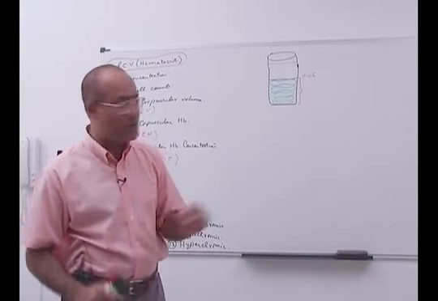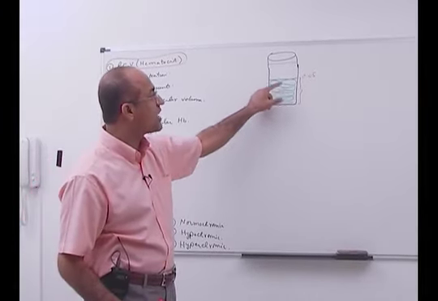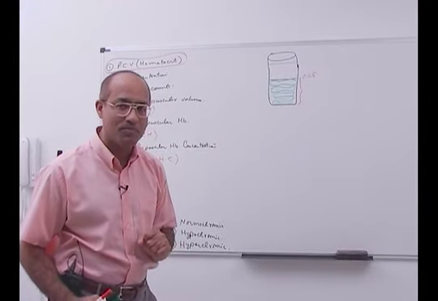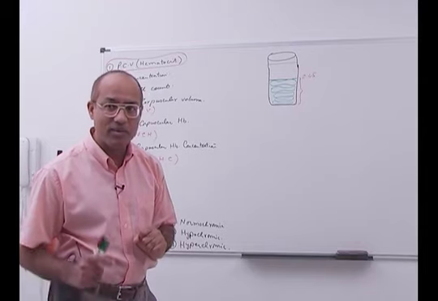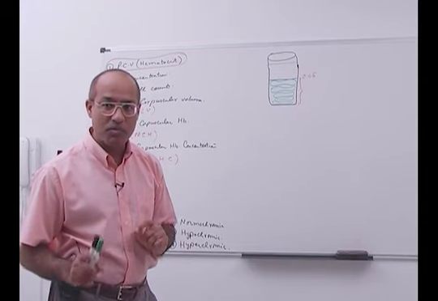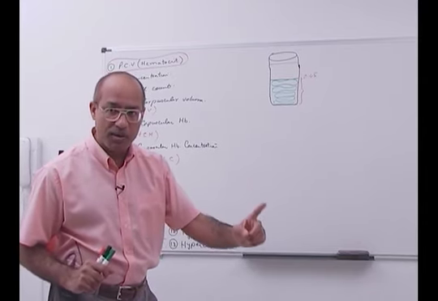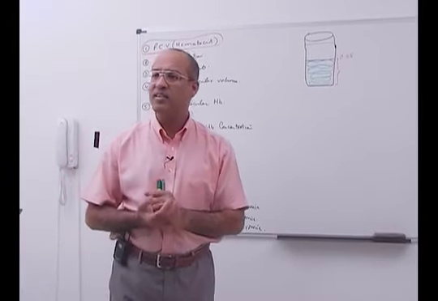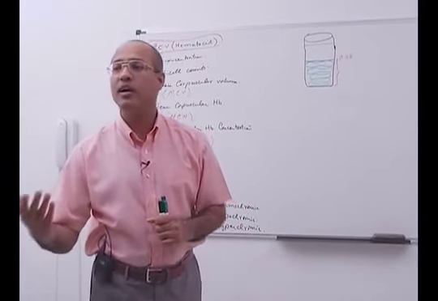Because there are many red blood cells put together and then this volume is occupied. So it means we need one more term. That in a given patient, number one, we should know what is the hematocrit. Hematocrit means packed cell volume. Plus, you can also ask what is the red cell count.